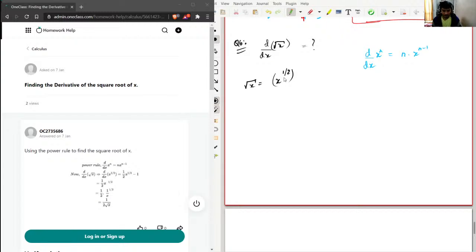Now, it will be a lot easier and it works well when you eliminate the square root or cube root terms and write it in terms of power.